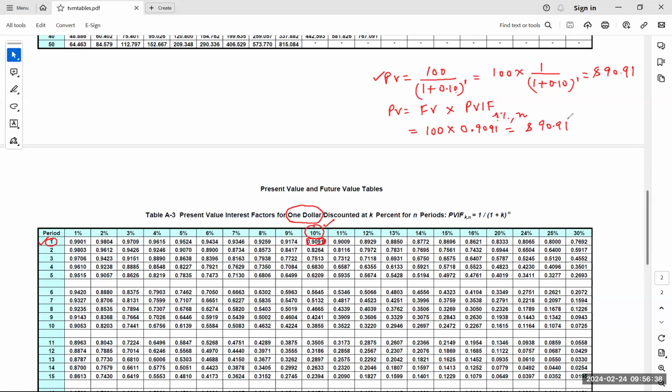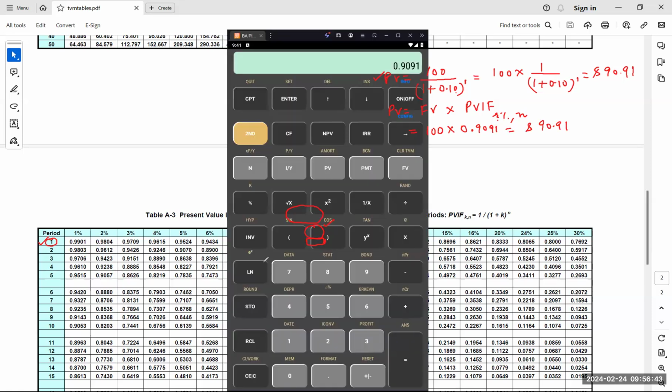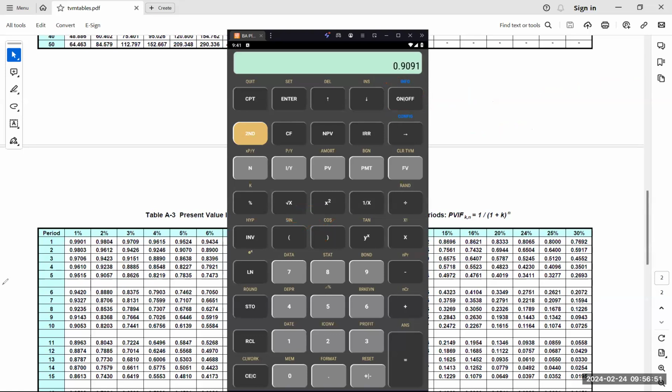If you were to do the same thing on your calculator, it would be simple enough. Let me just clear the display. Right. So I'm saying that I'm going to receive $100. Ladies and gents, receiving something means cash coming into the pocket. So $100 plus when I'm going to receive it after 1 year.